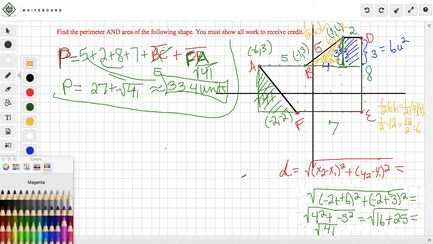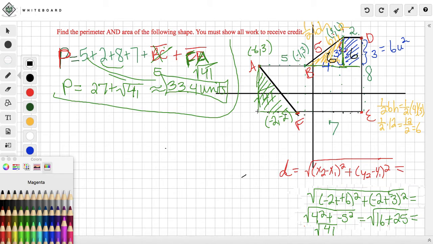So now we have 2 of our, and I'm going to write them in black inside the thing just so we can see it. So this is going to be 6 and this is going to be 6. We already figured out both of those. So now let's find out the area of this big rectangle, and then we're going to subtract the area of this triangle from it. So the big rectangle, if we count all of these blocks right here, we've got 1, 2, 3, 4, 5, 6, 7, 8, 9, 10, 11.